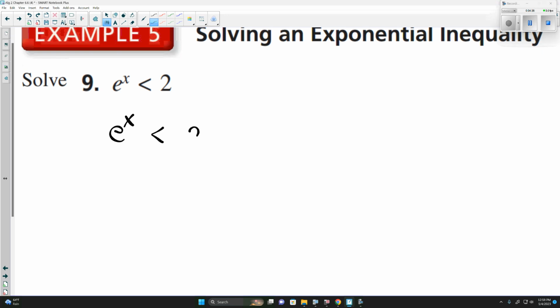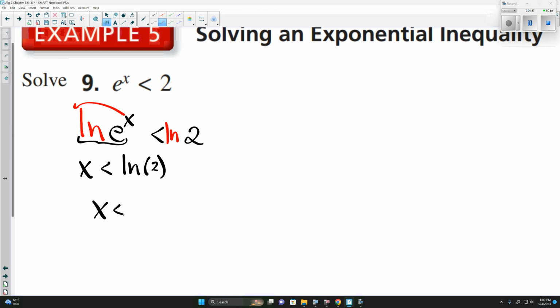e to the x is less than 2. So what would we apply to both sides? The natural log. Now the x would move to the front, telling us that we have x ln of e. Well, ln of e is 1. So we have x is less than ln of 2.